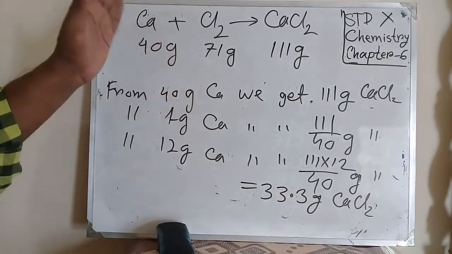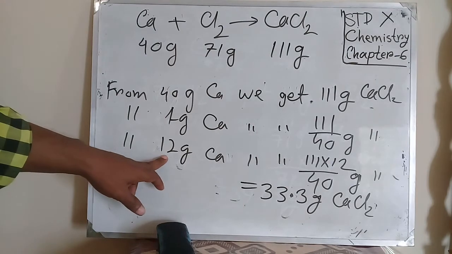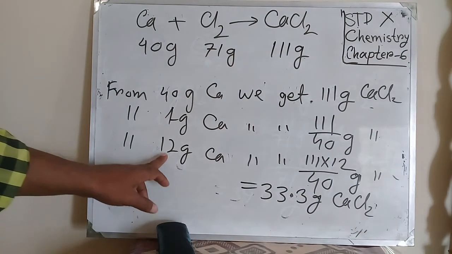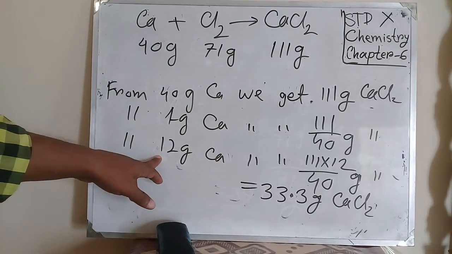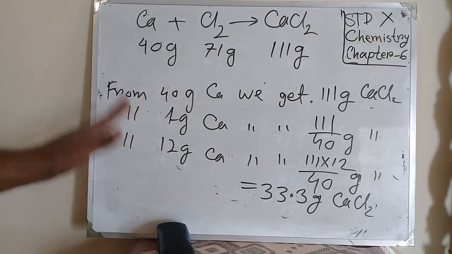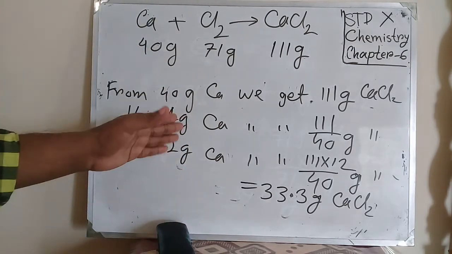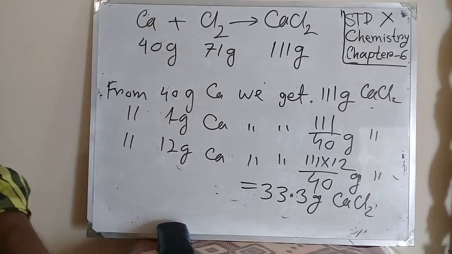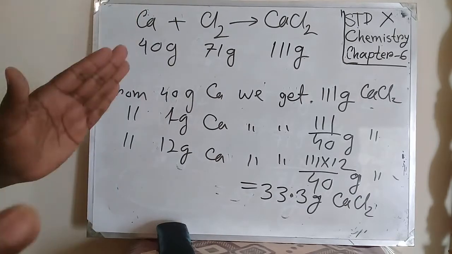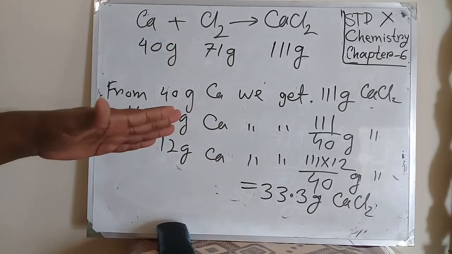That means we can't get 39.08 gram calcium chloride from 12 gram. To produce 39.08 gram calcium chloride, we need more than 12 gram calcium. So that means the proper amount of calcium was not taken. This is the reason behind why we didn't get the expected amount of product. Actually, we have taken the proper amount of chlorine, 25 gram.